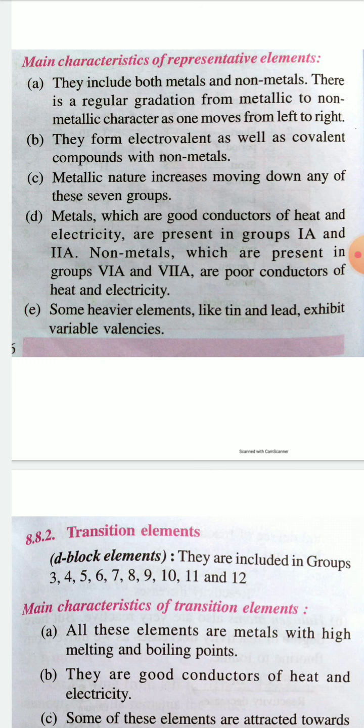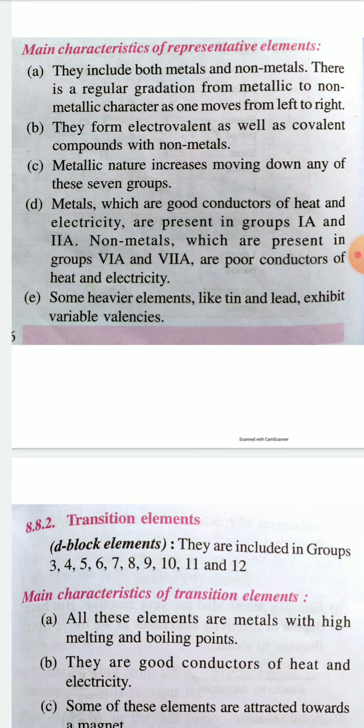Okay, and point D, metals which are good conductors of heat and electricity are present in group 1A, that is group 1, and group 2A, that is group 2. Non-metals are present in group 6A and 7A, that is group 16 and 17.